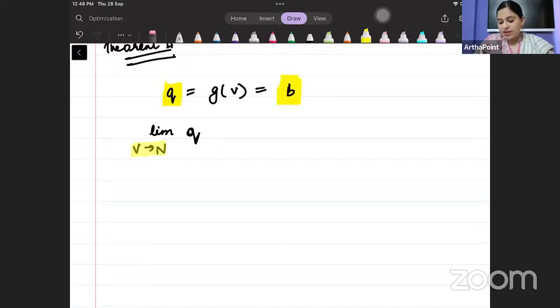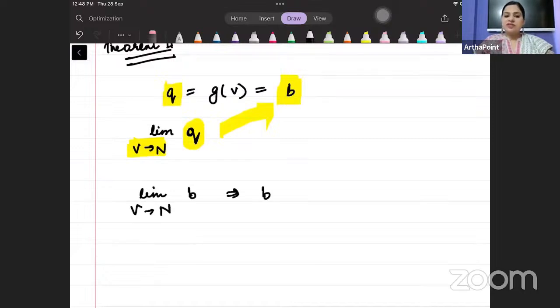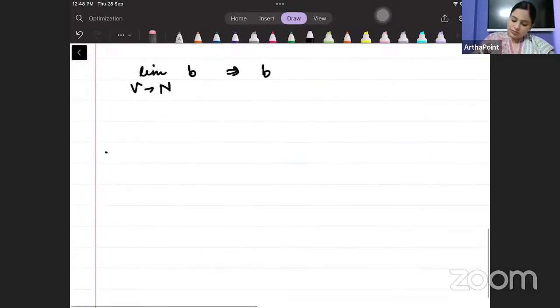So V को कहीं पे भी लेकर जाओ, take any value of V, ये function की value तो ये constant ही रहेगी ना. So we can just write this as limit V tends to N B and this will just give me B itself. Clear हुई ये बात? Right? Okay बेटा.